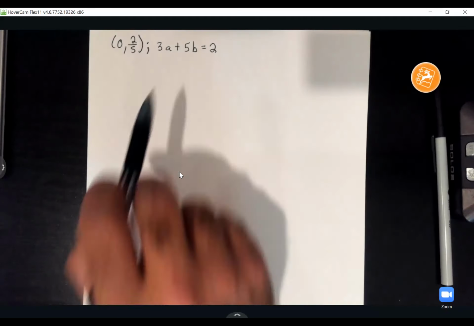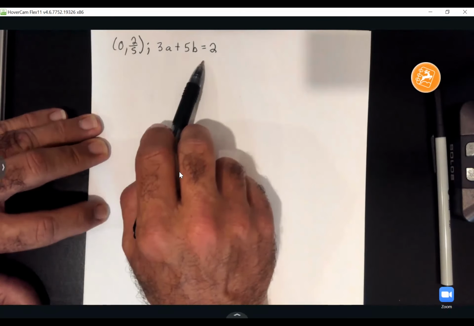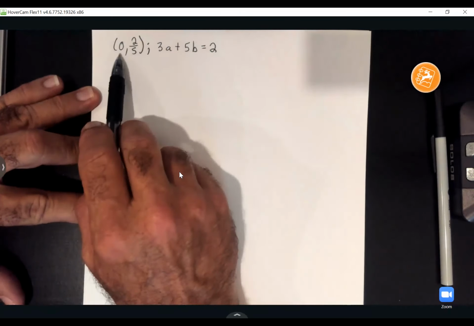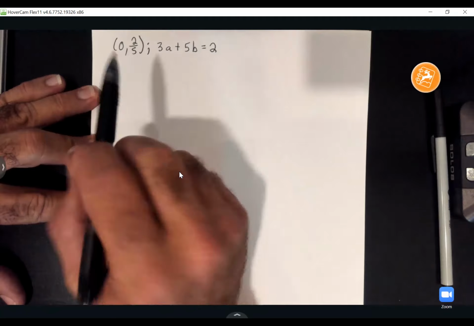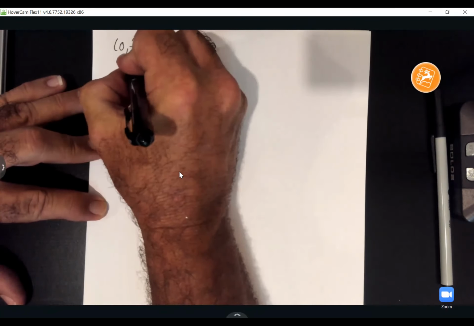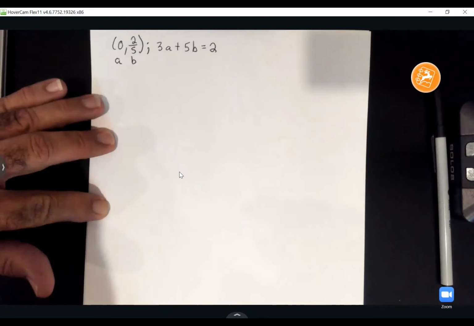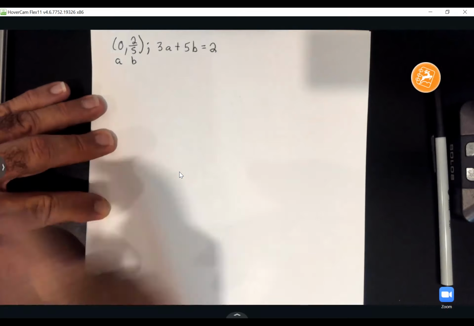So y'all, I don't have x's and y's. I got a's and b's. But guess what? These coordinates are always in alphabetical order. So the 0 will be the A, the 2/5 will be the B. So always go in alphabetical order on these.